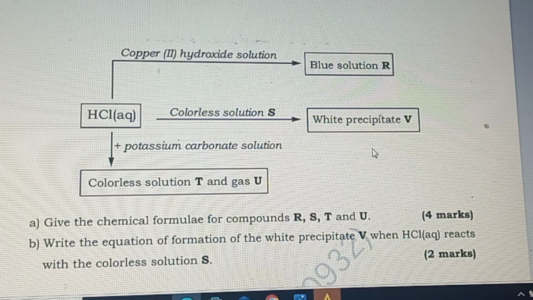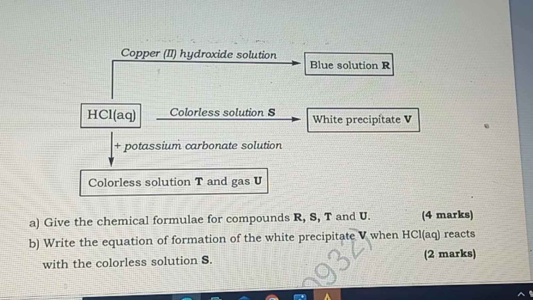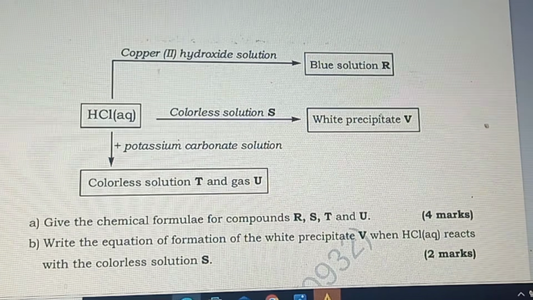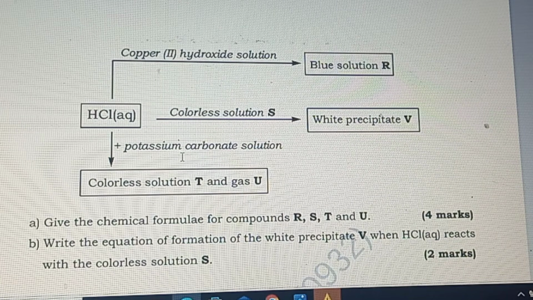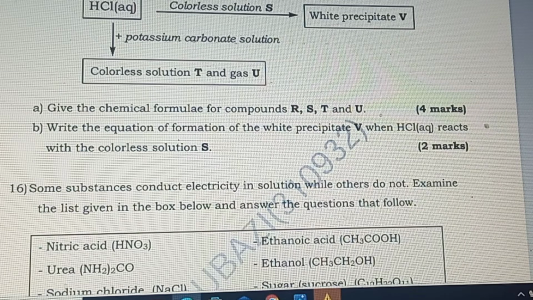The white precipitate V comes from hydrogen chloride reacting with silver nitrate. You get silver chloride. T, colorless, comes from hydrogen chloride reacting with potassium carbonate. T is potassium chloride, and the gas U is carbon dioxide. Let's see in the marking guide.